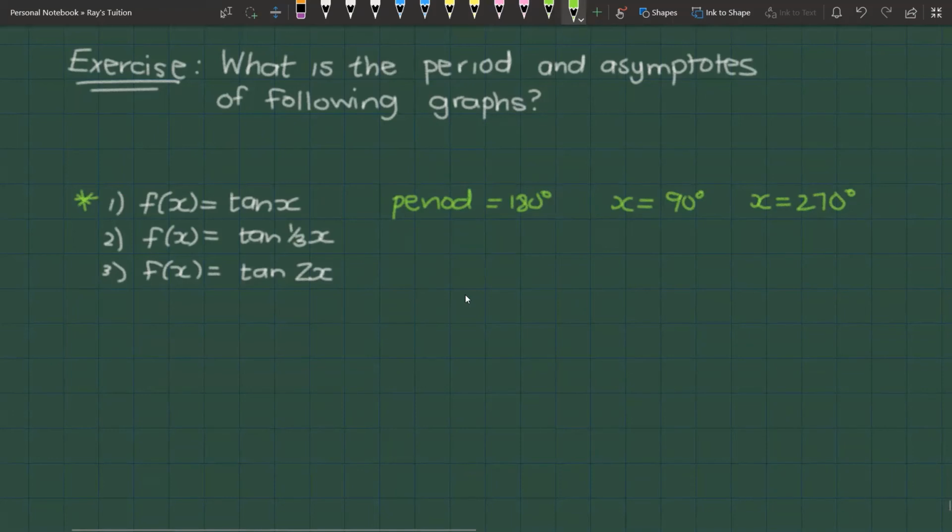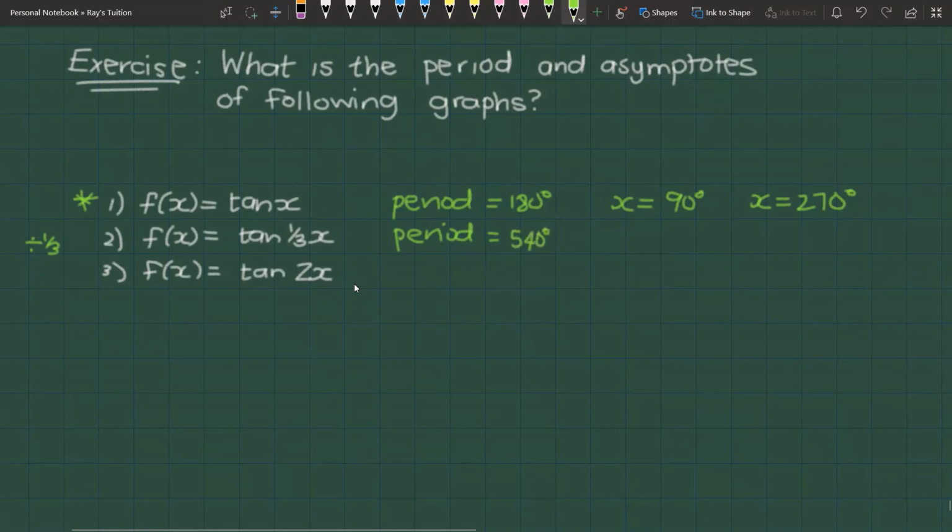Now we have f(x) equals tan of a third x. So we said that to change it, we're going to divide by our b value, which in this case is a third. So the period will be 180 divided by a third, which is the same as multiplying by 3. And our period will then be 540.